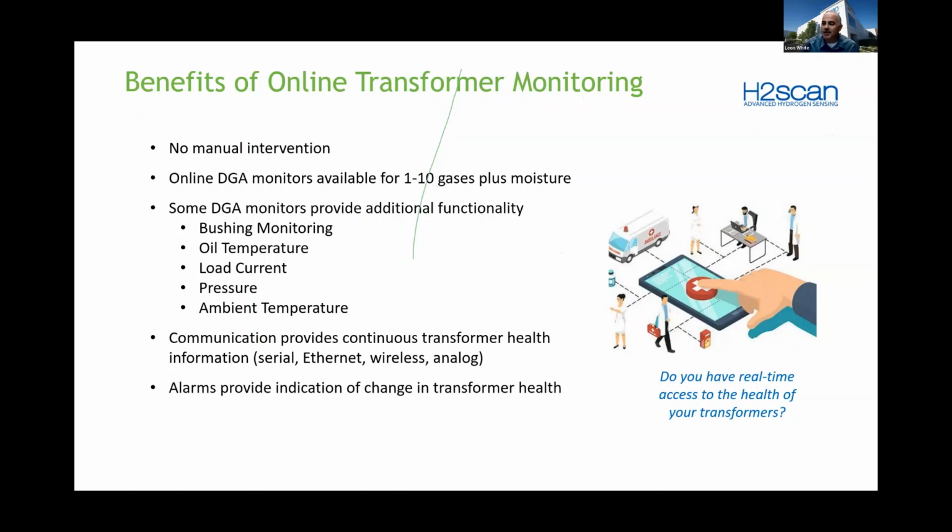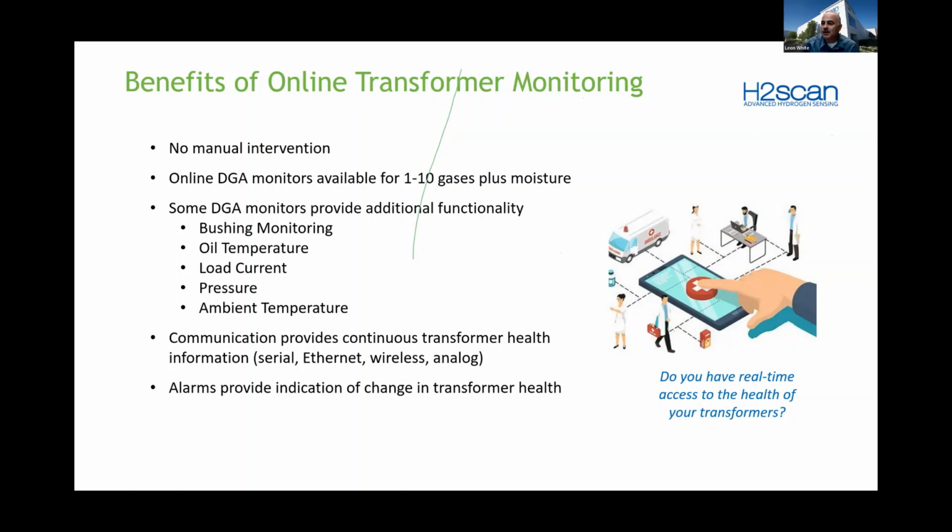It's not uncommon for people to go out and take a manual sample. And once you take that sample, the normal process is you close the valve. And so if there's an online monitor on that valve, now that monitor is not getting fresh oil from the transformer, and of course isn't providing the best information possible.